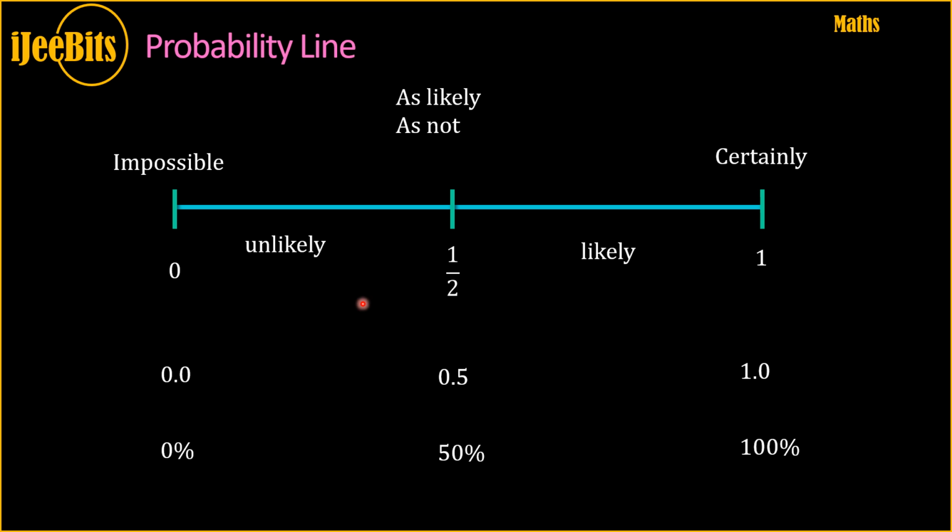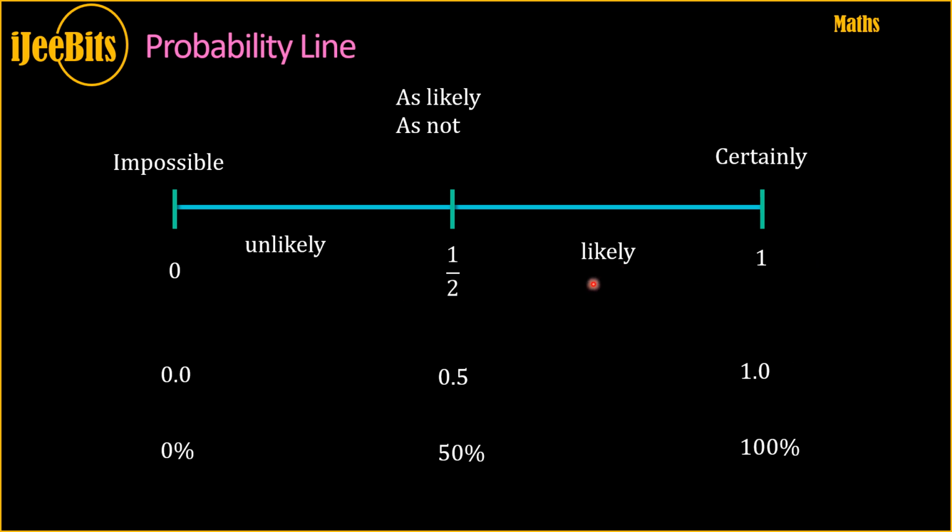So we start from impossible to most likely, not likely limit. 0 and half are the values. Any value in the middle of 0 and half is called unlikely, which is something like a nearly impossible case. On the other hand, any probability value between half, 1 by 2, and 1 is likely, because you are moving towards the certainty case.